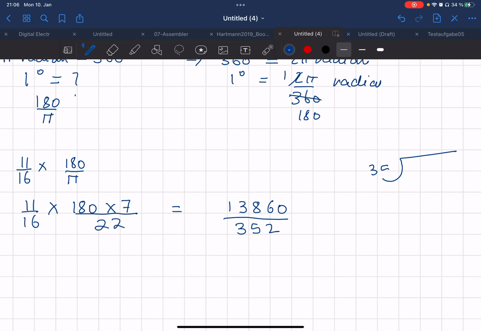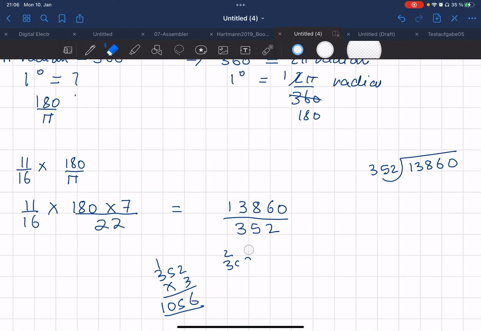352 into 3: 3 2s are 6, 3 5s are 15, 3 3s are 9, 10. 352 times 4: 4 2s are 8, 4 5s are 20, 4 3s are 12, 13, 14.